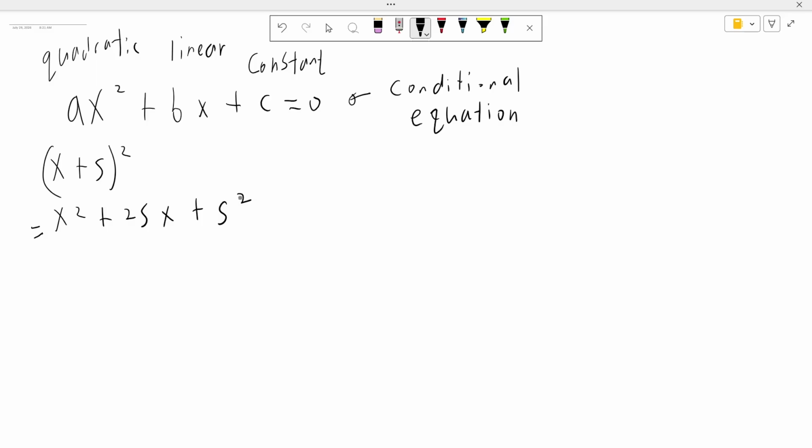Now, this is an identity. This is an equation, right? But it's not a conditional equation. It's an identity. And what that means is that in here, you're not actually trying to solve for x, but you plug in any value for x and you get the equivalent expression.